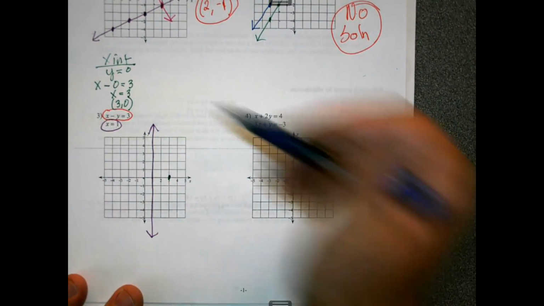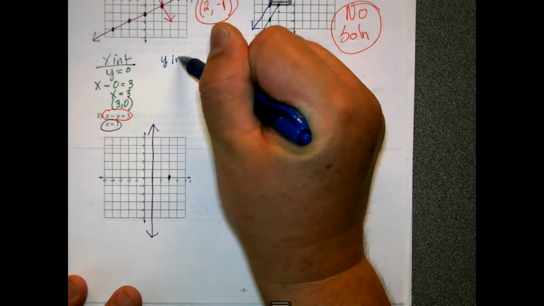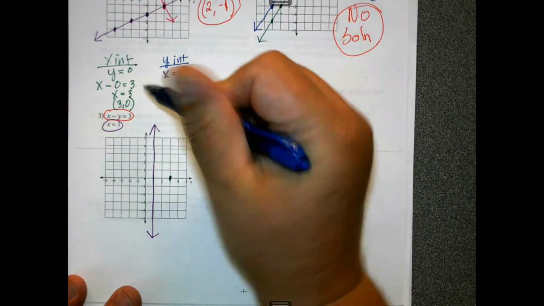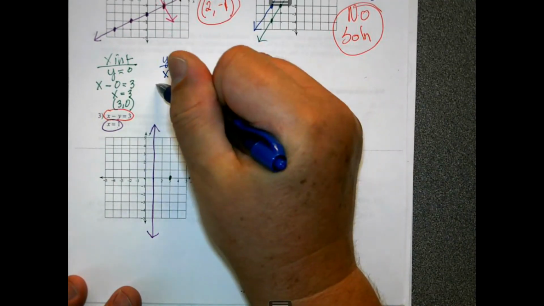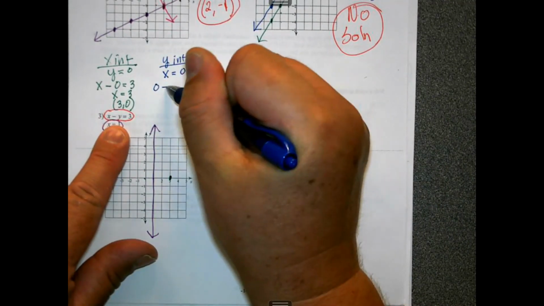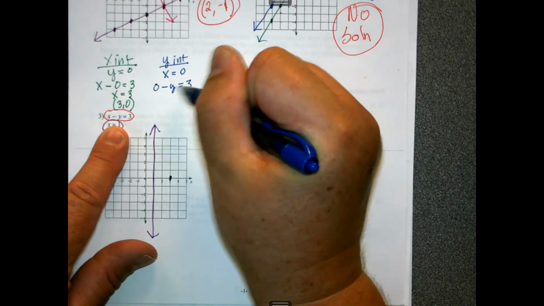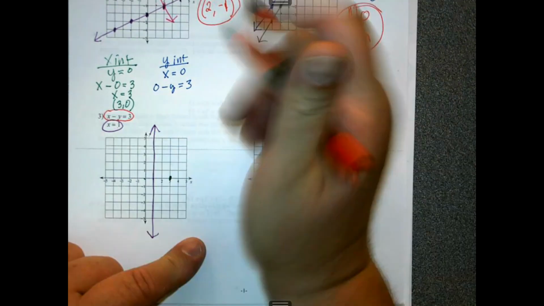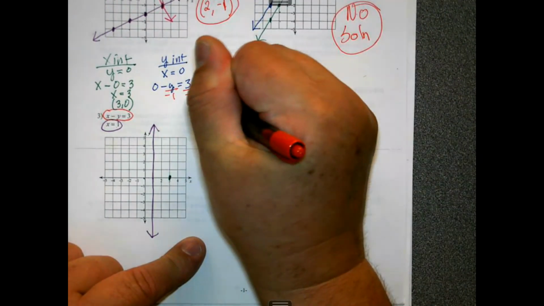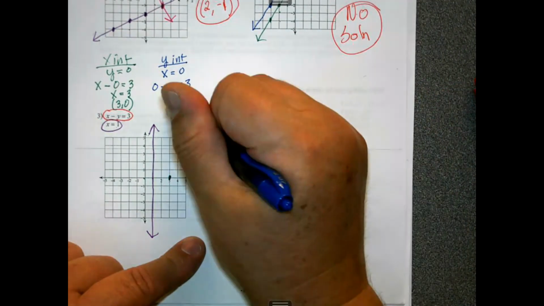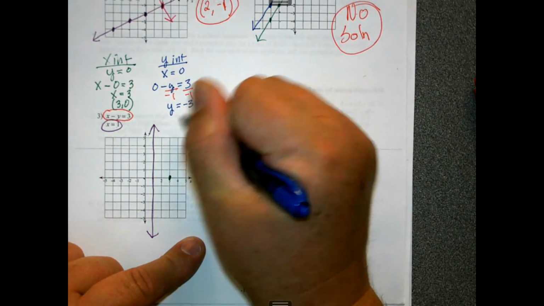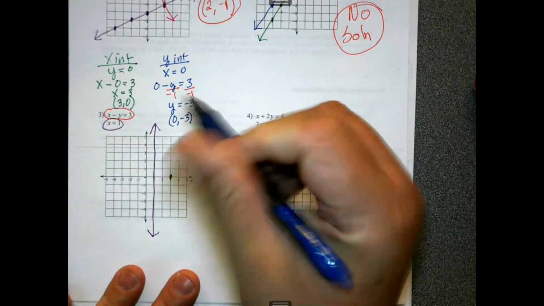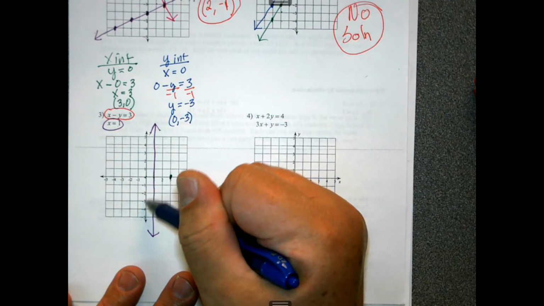The y-intercept, almost the same thing, right? Except this one, x equals 0. So we have 0 minus y equals 3. I have to get that negative sign over here, so I'm going to divide by -1, and I get y equals -3, or the point 0, -3.